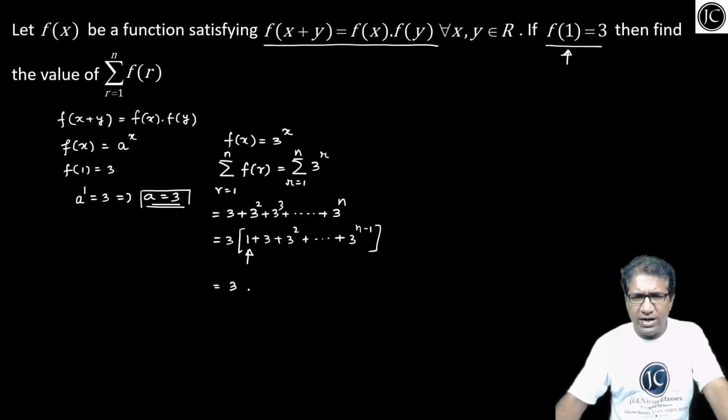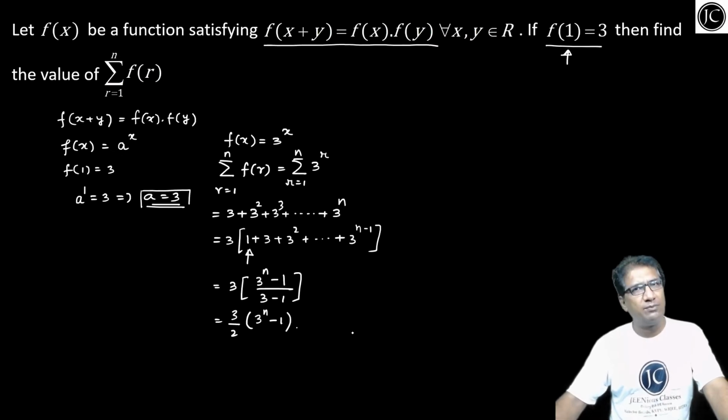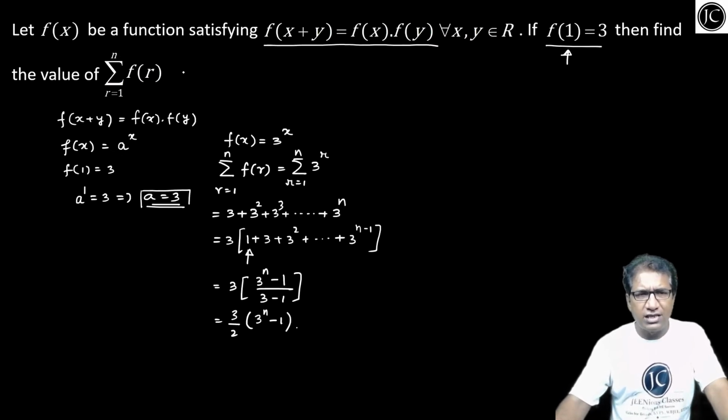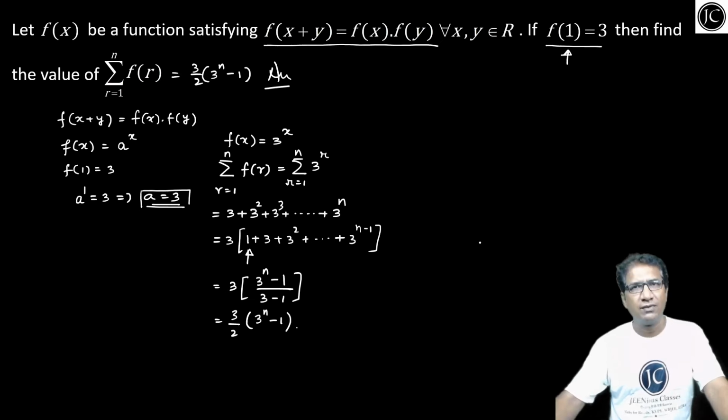Therefore, it will be 3 times (3 to the power n minus 1) divided by (3 minus 1). That gives us 3 by 2 times (3 to the power n minus 1). Right? So this is the answer for this sum. It's 3/2 (3^n minus 1). That's your answer. Is it clear?